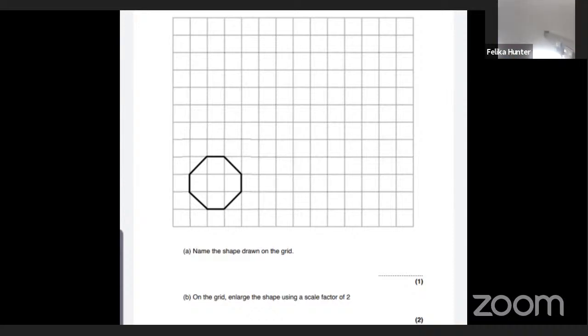Hold on, give me a second. Peter. Oh, yeah, with the stand. Repeat, miss.